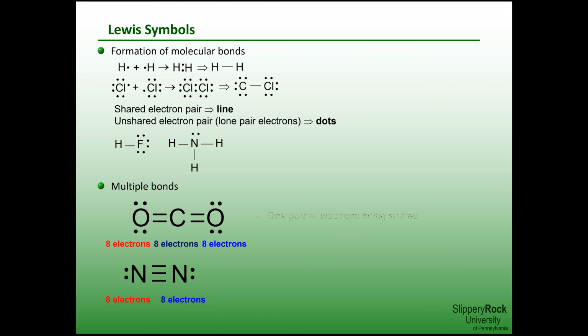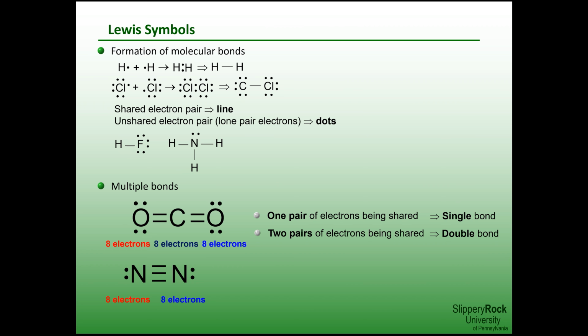When one pair of electrons is shared, the bond is a single bond. When 2 pairs are shared, it is a double bond, as seen in the 2 CO double bonds in carbon dioxide. And when 3 pairs are shared, it is a triple bond, as in the nitrogen-nitrogen triple bond in N2.